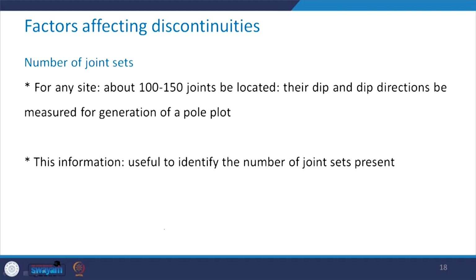If you recall our discussion on the application part of graphical representation of the geological data, there I showed you with the help of a pole plot how the information plotted using the equal area net can be useful in deciding some of the key parameters in the stability analysis of slopes, tunnels or foundations.